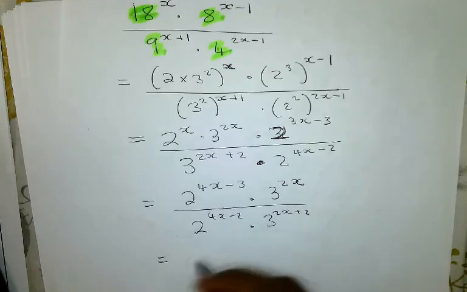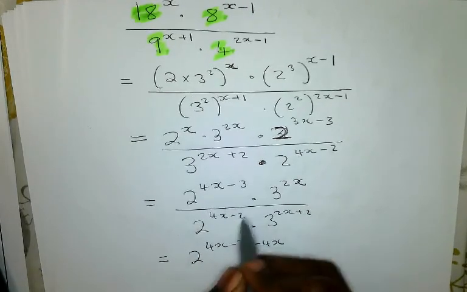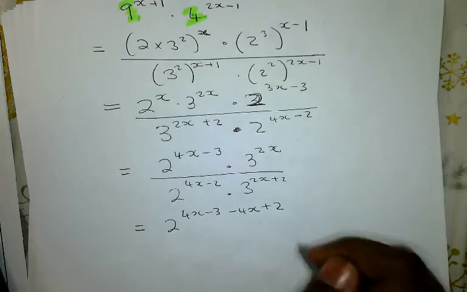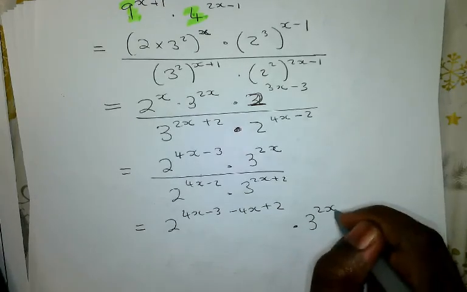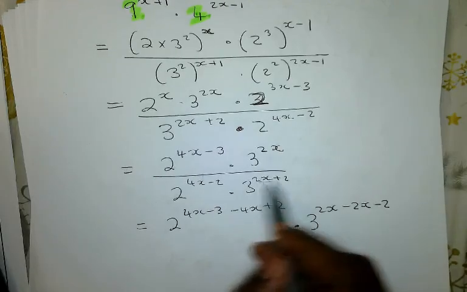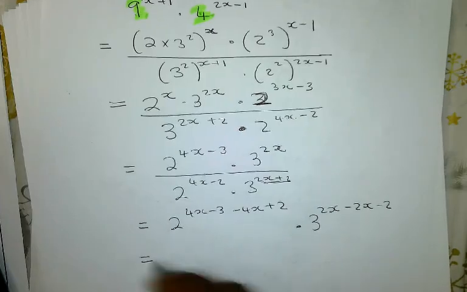If I subtract, a negative becomes a positive. Do you see it? And then 2x minus 2x minus 2, because I'm subtracting this by that. So this and this goes away, this becomes minus 1. This and this goes away, this becomes minus 2.